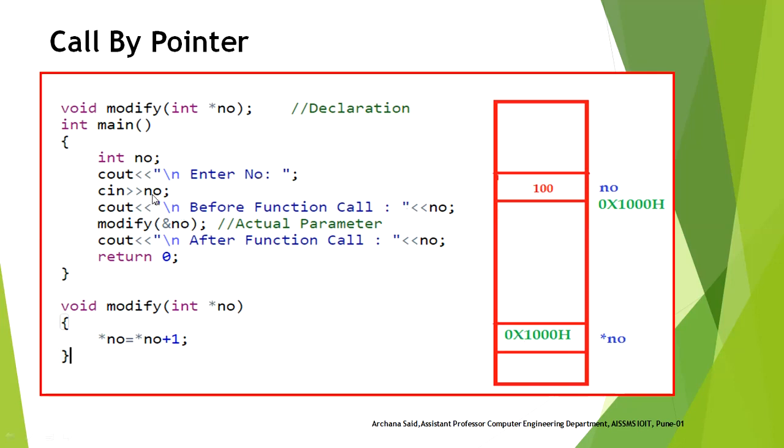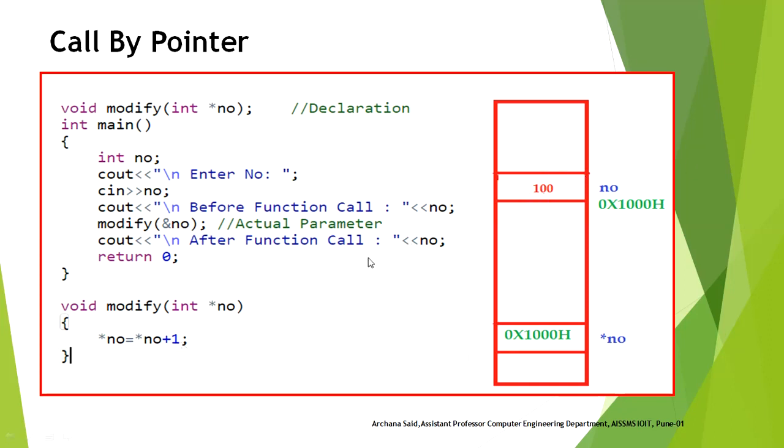Now let's say this no is stored at location 1000h. This 1000h will be stored as the value of this pointer variable. So whatever changes you are doing in the modify function, those changes will be done at location 1000h, meaning the value will get reflected at this particular memory location.